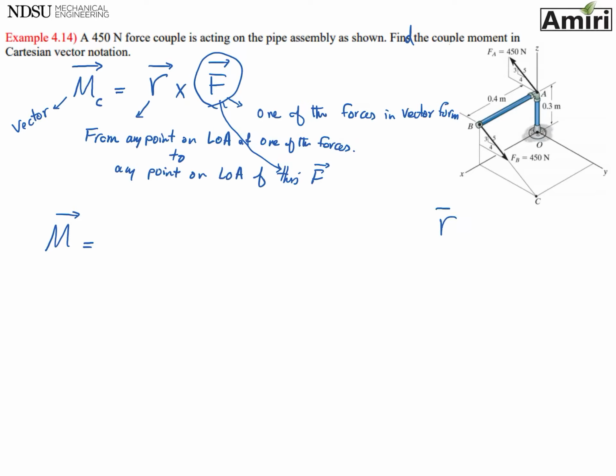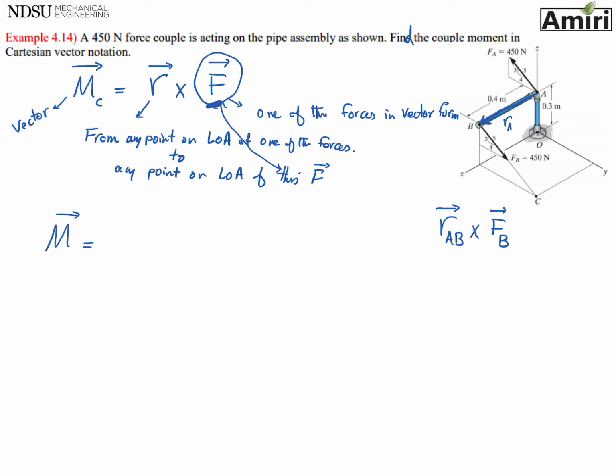So you can go position vector A, B, anywhere on the line of action, which is from A to B, cross F. In this case, got to be F_B, because you start from point A, you go to point B, and you got to use that force that you're arriving to as your vector format.